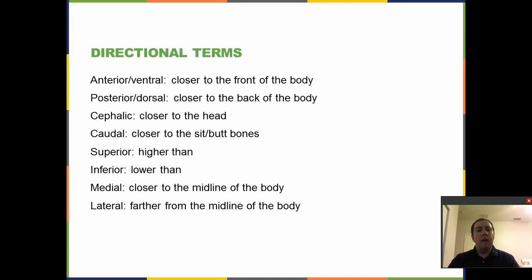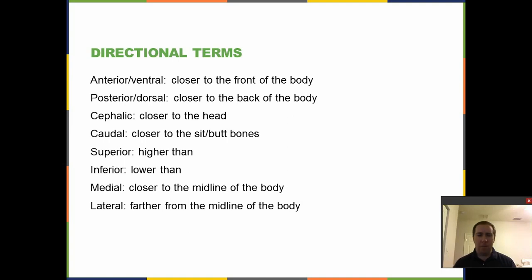Next is cephalic and caudal. This starts to get a little more complicated. Now, cephalic means closer to the head, and caudal means closer to the butt. On a human, this is more or less up and down.